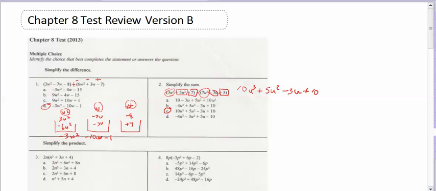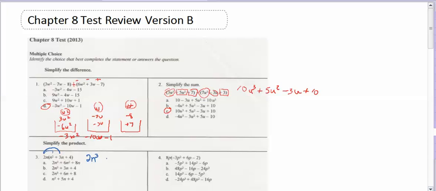Okay, the next one, number 3. First of all, you need to multiply. It's distributive property. I'm going to multiply 2n and n squared. So we're multiplying, I have 2n to the third. Then you're going to multiply this.